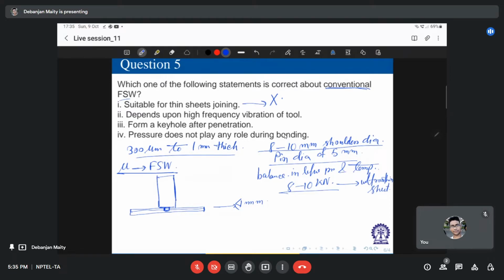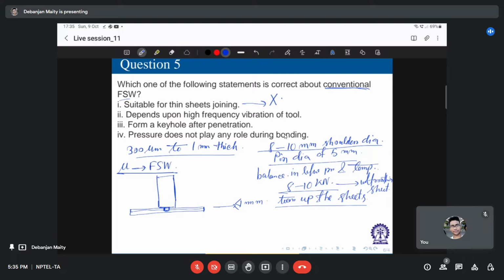It will basically tear up the material. So if your axial load is very high, it will tear up the sheets. So there should be some kind of compromise in between.